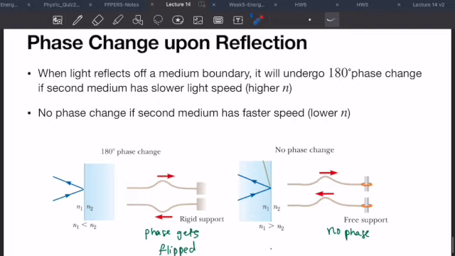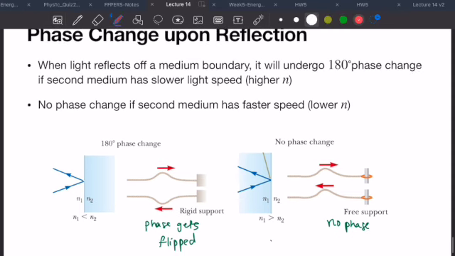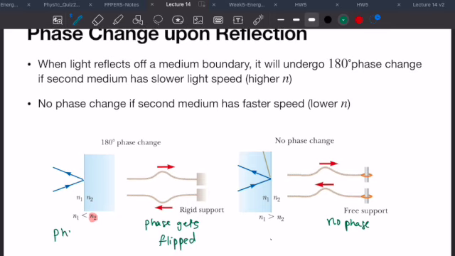So when you have an incident light wave or light ray, and we're going from low n to a higher n, pretty much where you have a slower speed of light in some medium, then we're going to have a phase introduction, so the phase gets flipped.